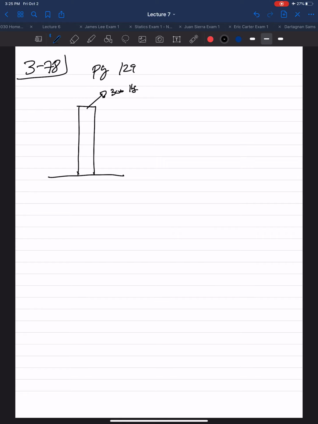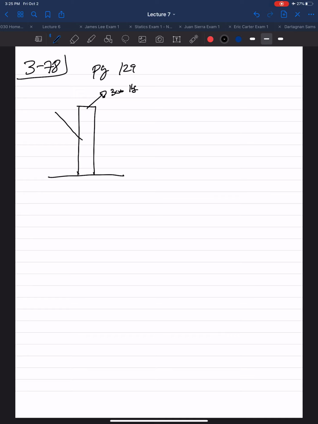Let's do another problem. Problem 378, page 129. Here, real quick, we have a base. We have a 300-pound force here.